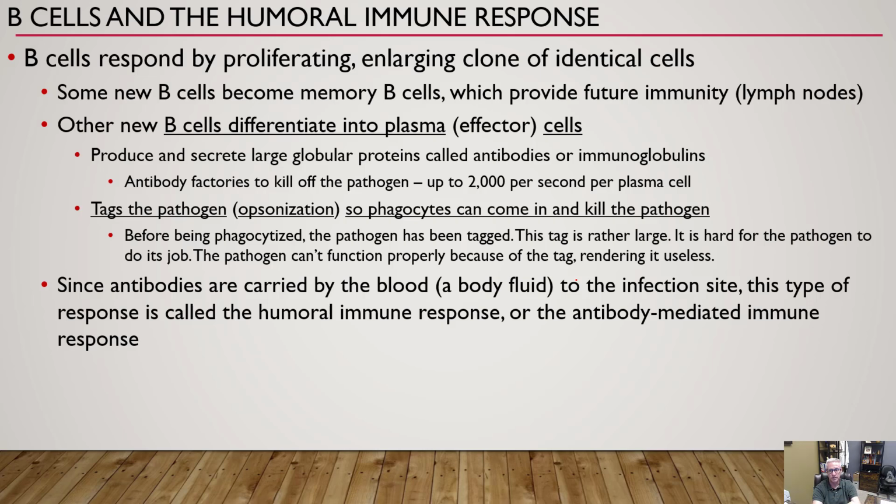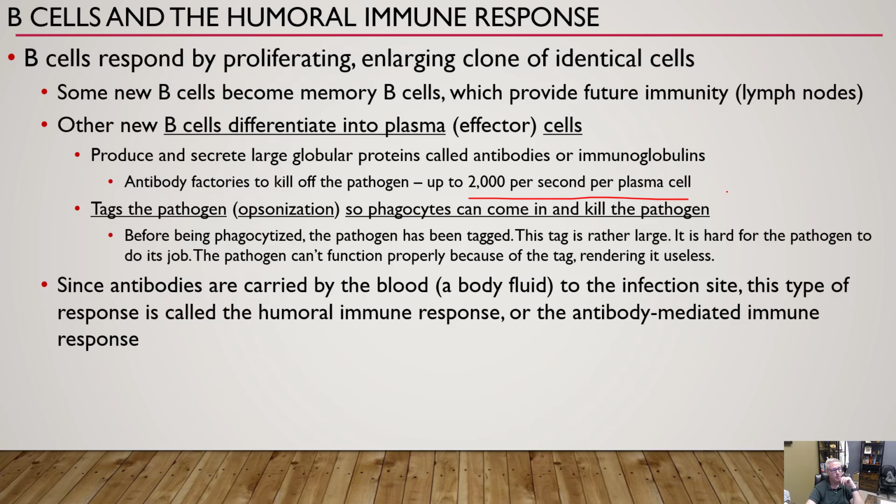And these antibodies are going to be what is used to kill off those pathogens. And it says here that we can kill off about 200 per second per effector cell, or per plasma cell.